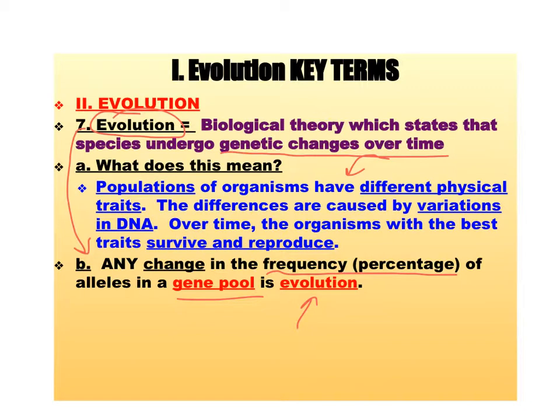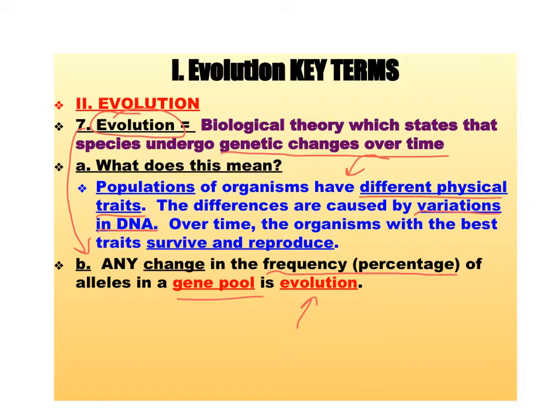a population of organisms have different physical traits. They all have little minor differences: color, speed, size, whatever. Well, the differences are caused by variations or differences in their DNA. They have different genes in their DNA.